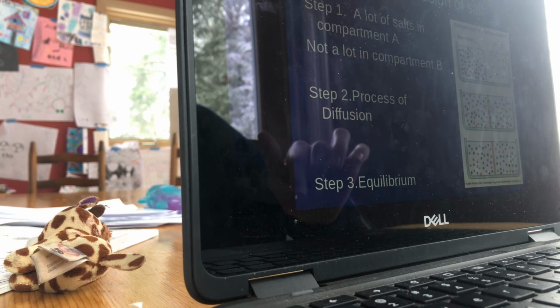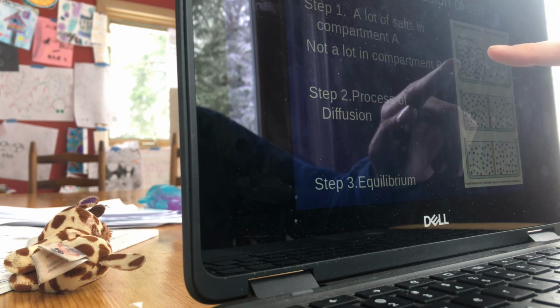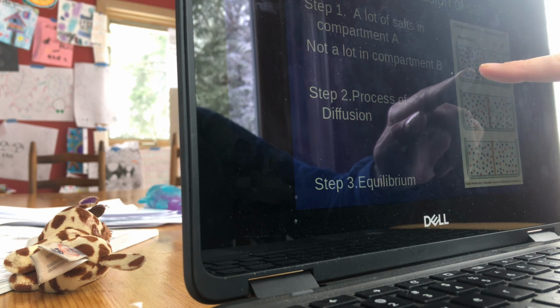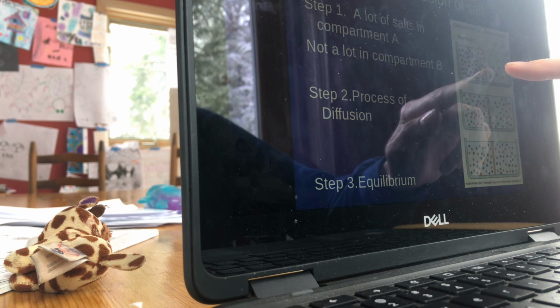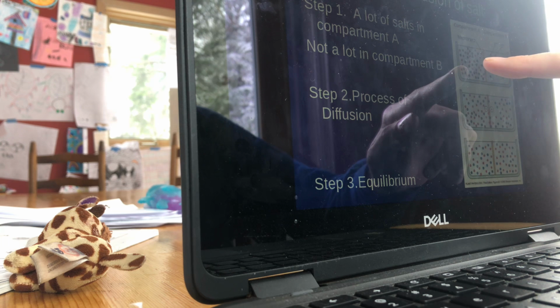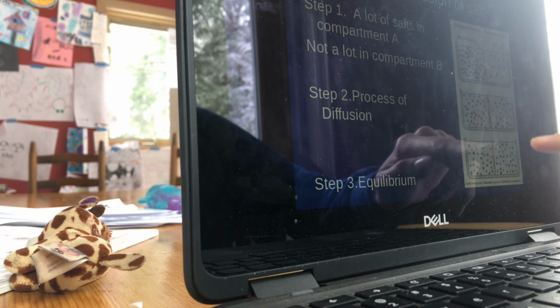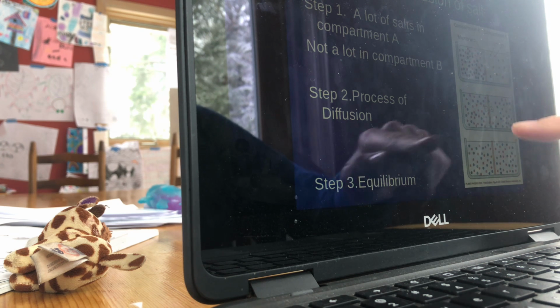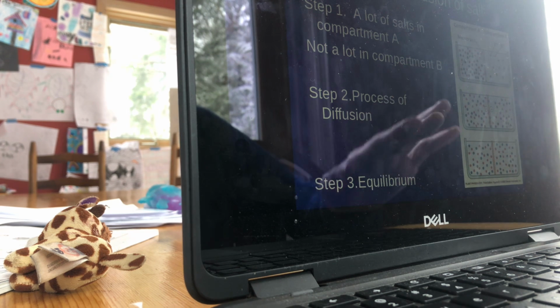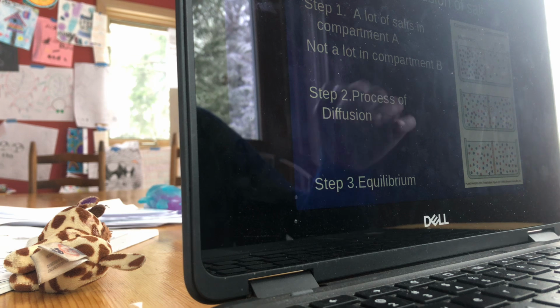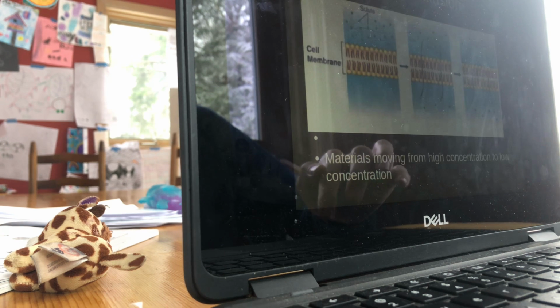Now, diffusion is very often used when we talk about salts. So compartment A has a lot of salts. Compartment B has very few salts. So the salts are going to move from where there are many to where there are few, until step 3, the process of equilibrium, where things are balanced, right? Homeostasis, balanced.